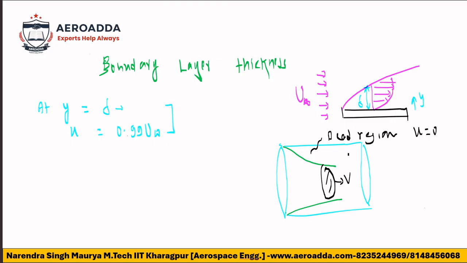So the point is, if the boundary layer forms, there will be a loss, which is nothing but a change in mass flow rate. It will be shifted.